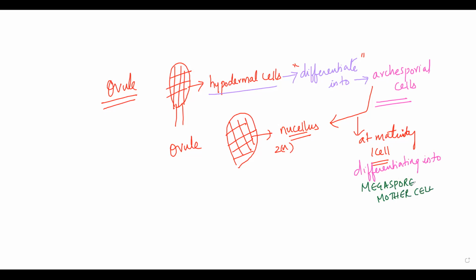Okay, children. So the megaspore mother cell is also diploid, right? But now this megaspore mother cell will be undergoing meiosis.